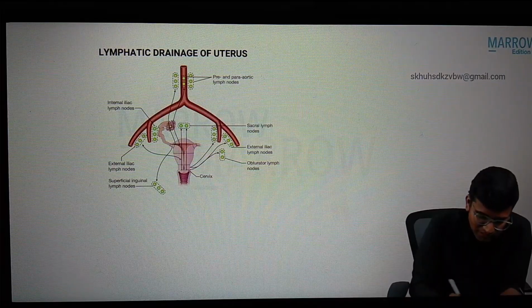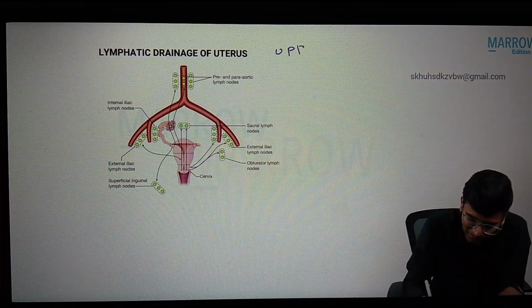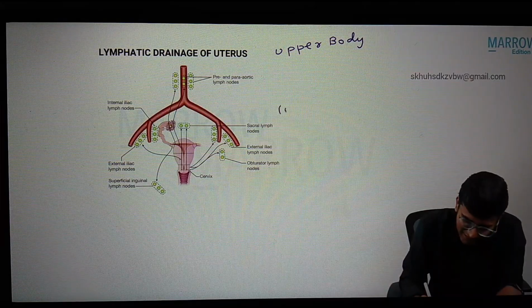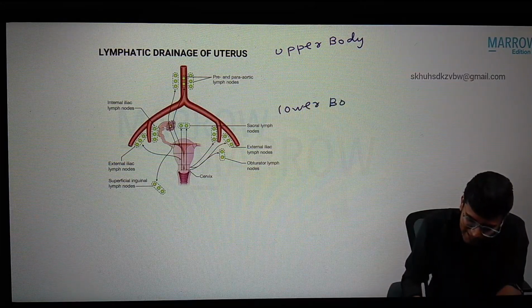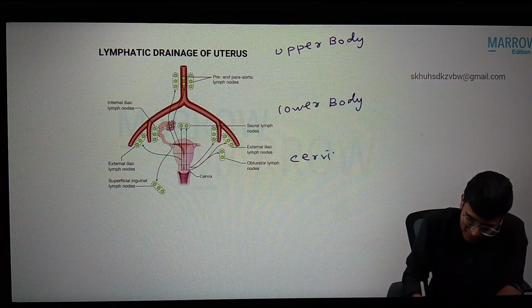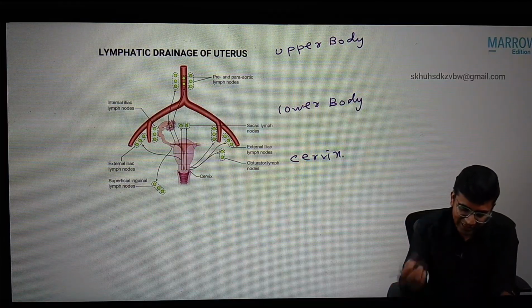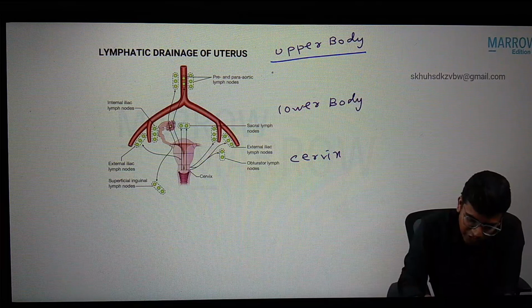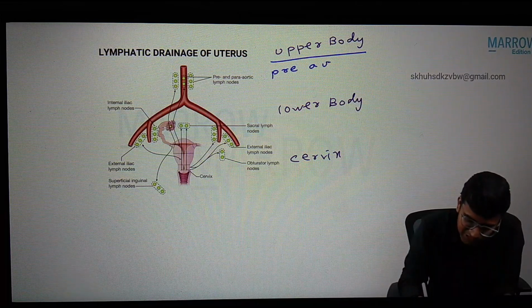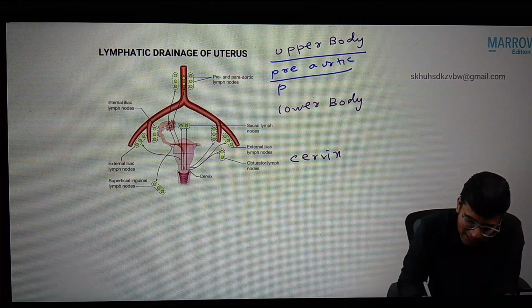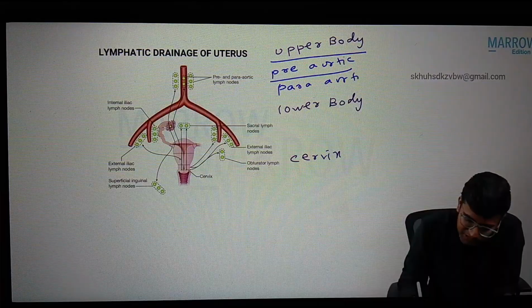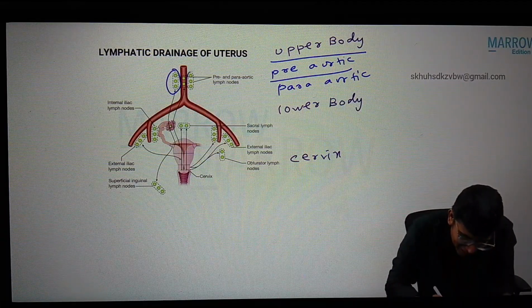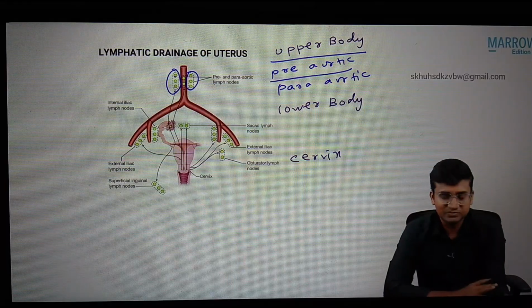Now the lymphatics from the upper part of the body drain into pre-aortic and para-aortic nodes.